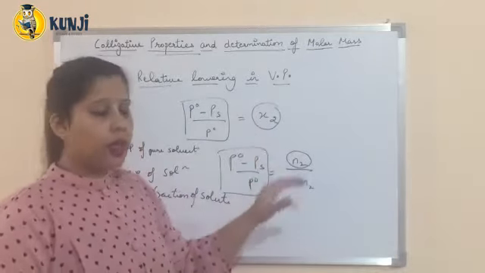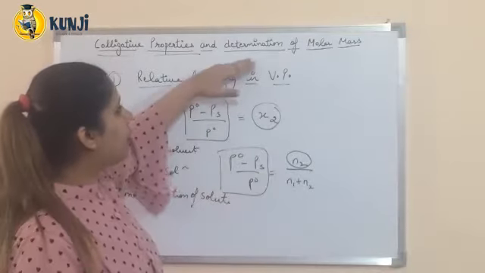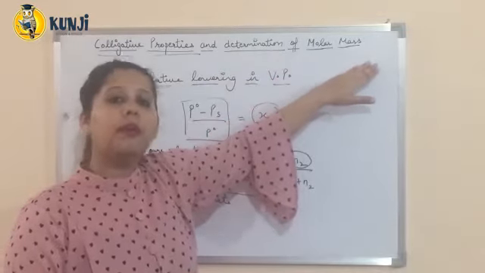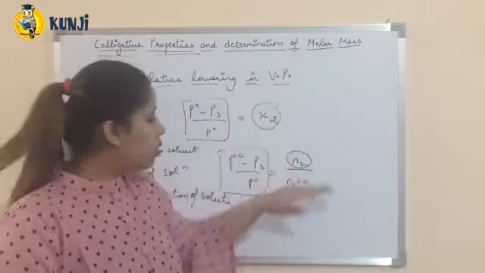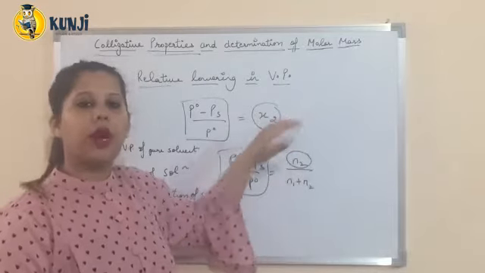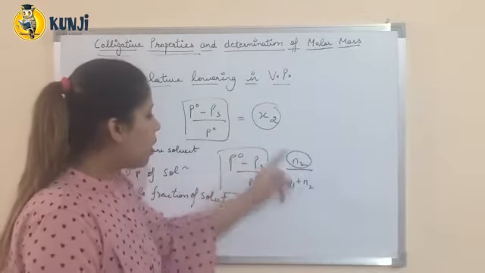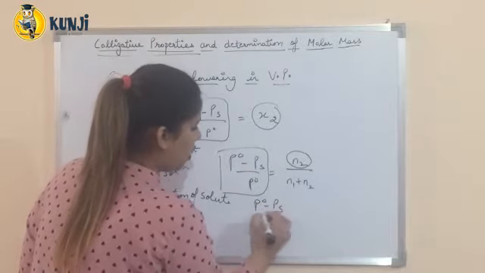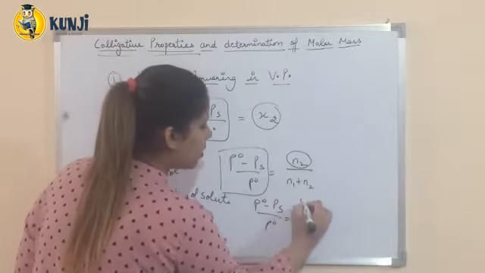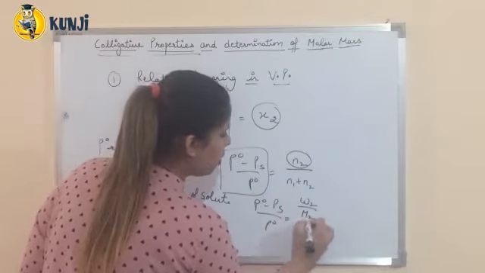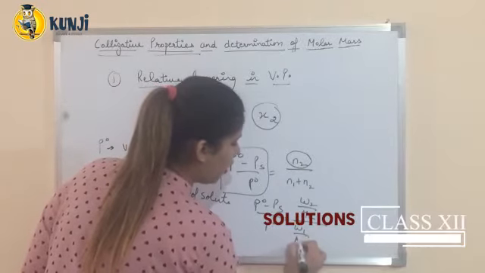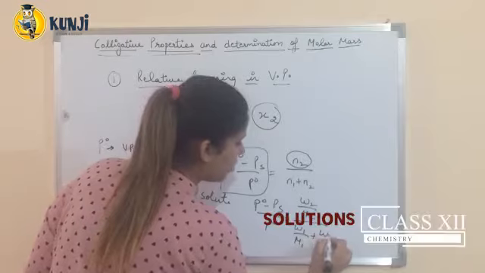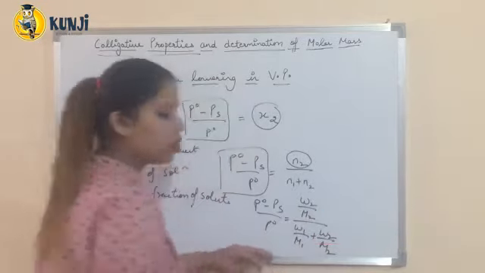Now the next thing: from this formula we have to determine the molar mass, that is, how we can use this formula in determining the molar mass of the solute. So now we can rearrange this formula. We can write N2 as W2 over M2, N1 as W1 over M1, and again this is W2 over M2.